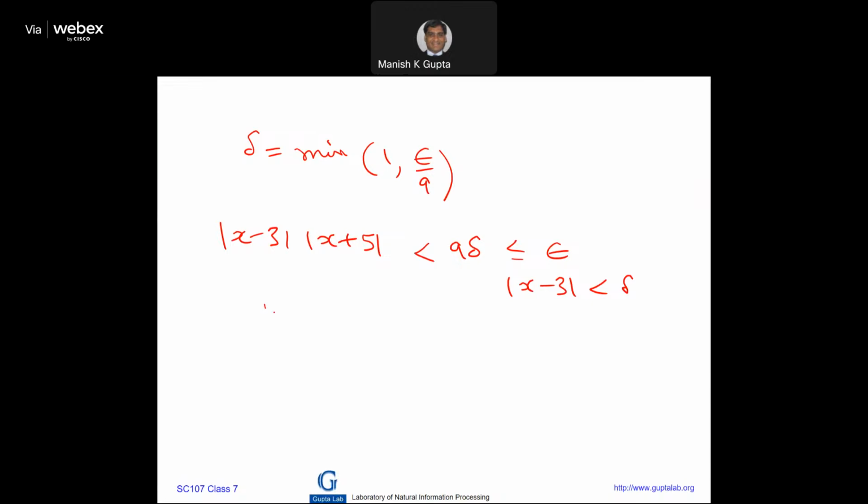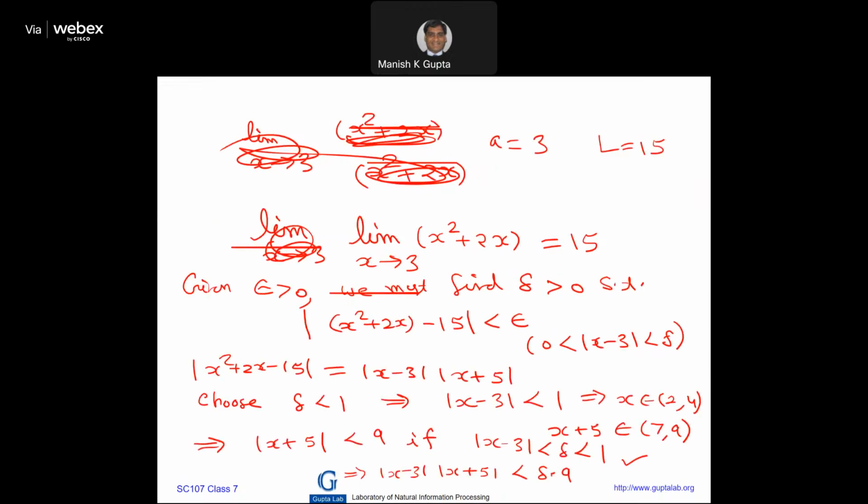So we have found a delta for which this equation is valid. We have found a delta such that this equation is valid, right?